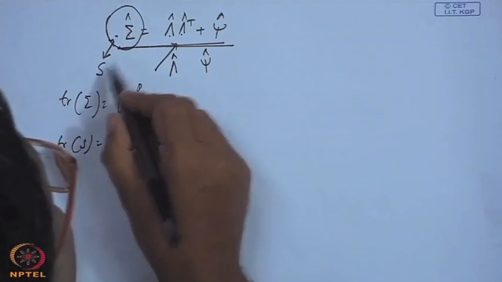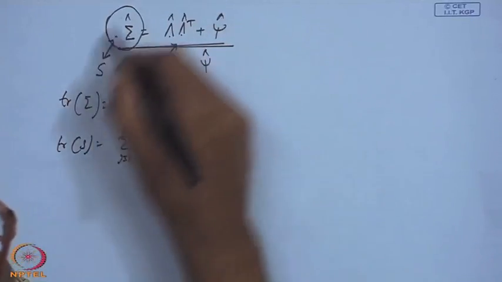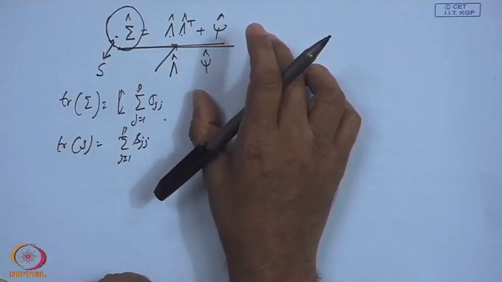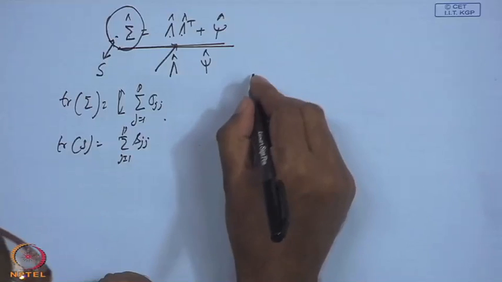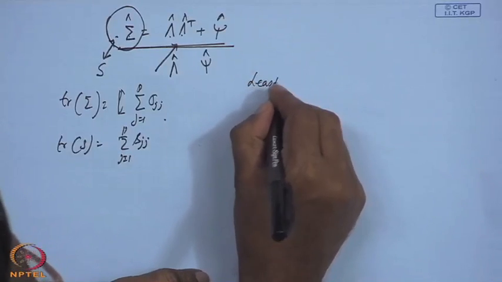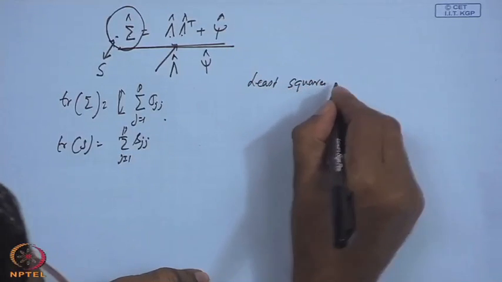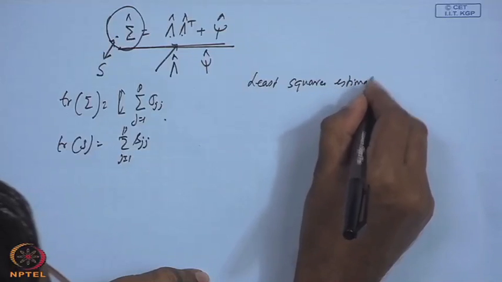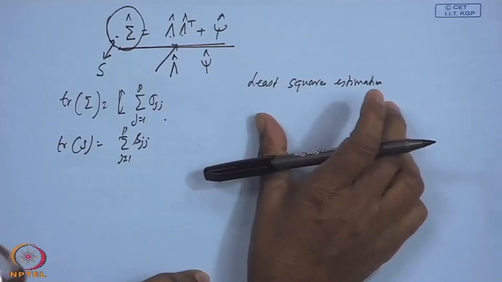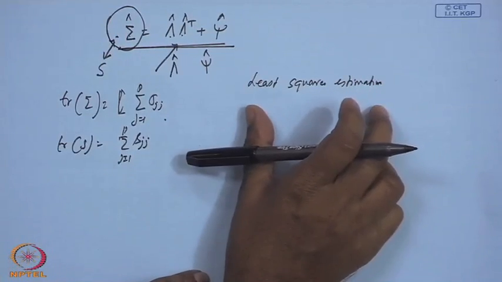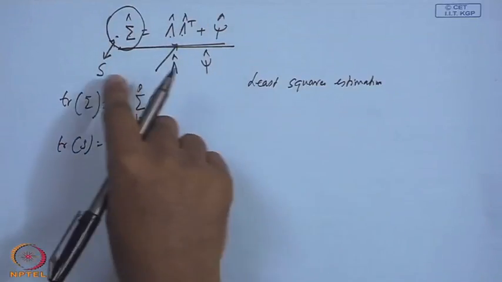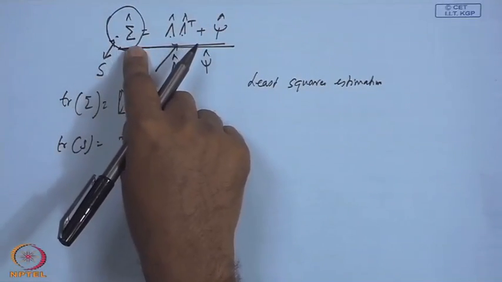So then we require a function to be minimized. Now, if we go for least squares estimation, we require to minimize the error. What is the error here? The error is the difference between the two.